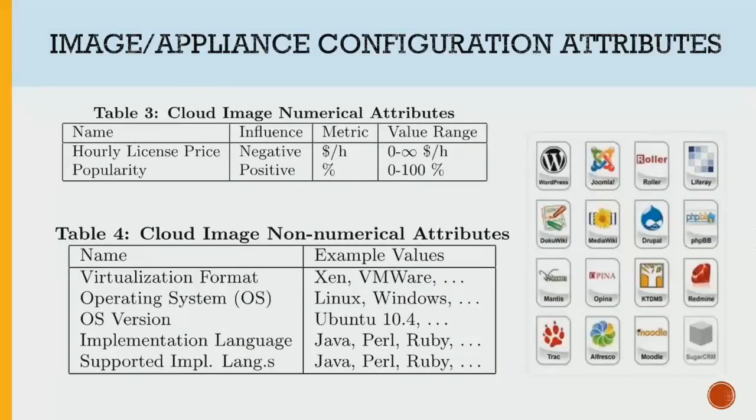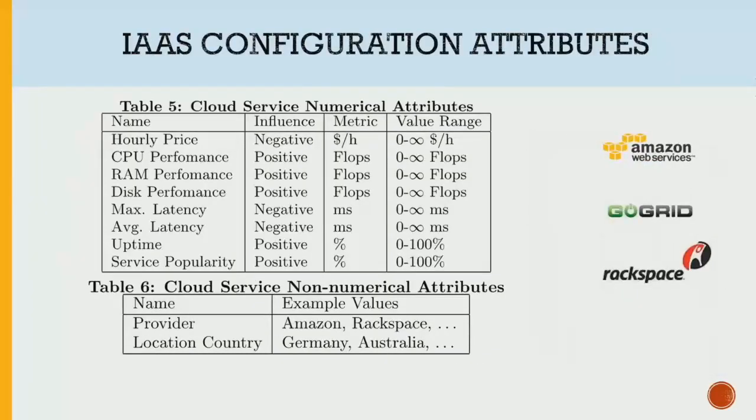So these are the attributes you have to consider in the case of a cloud image, numerical attributes or configuration or non-numerical attributes. You get this from Docker Hub or Amazon Marketplace. Once you have resolved that, then you need to find a mapping from there to the instance attributes, where you're actually going to run your images. And again, you have to consider all this in your decision-making problem.